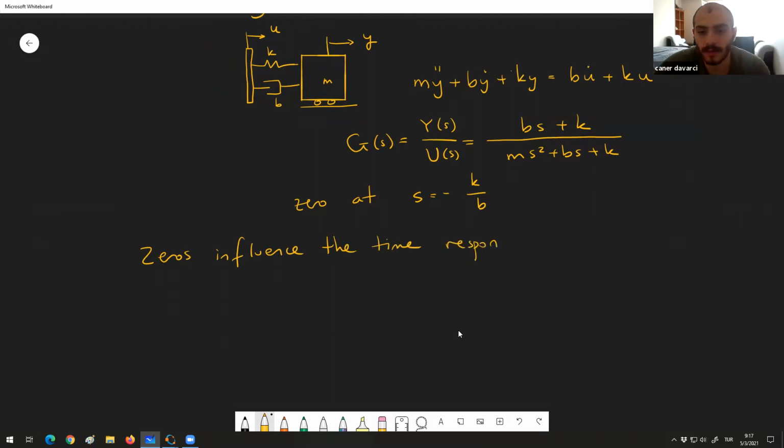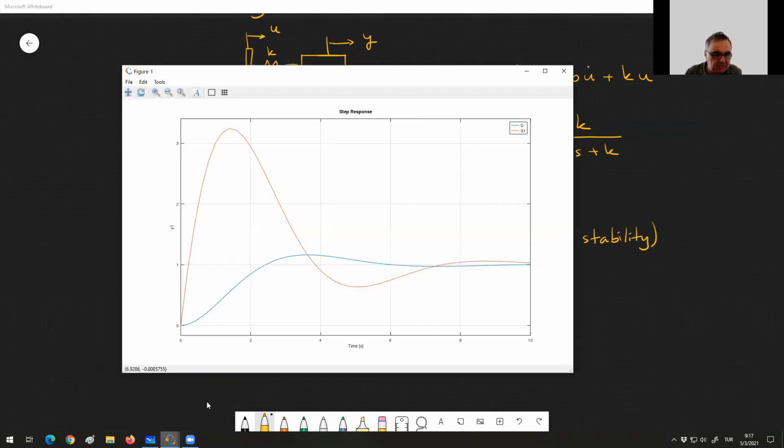Hocam, sorry for interrupting. Could you please explain what is the difference between the one that has zeros and the one that has no zeros? Just a second. You want me to explain this figure, for example?